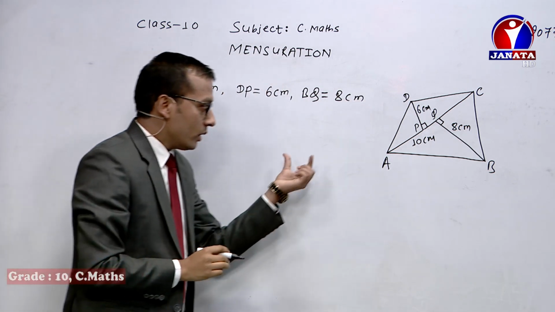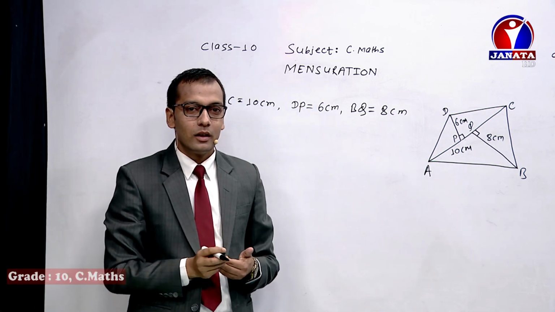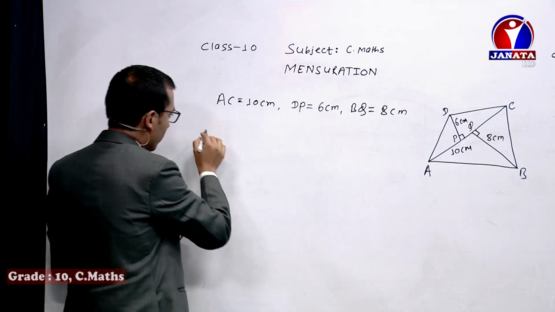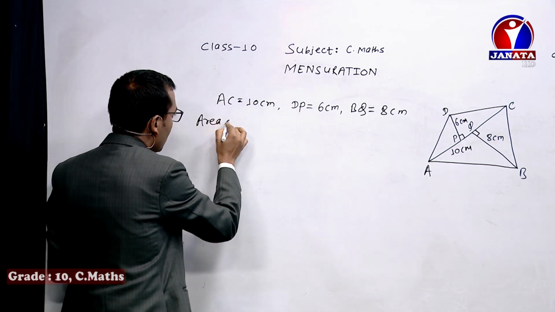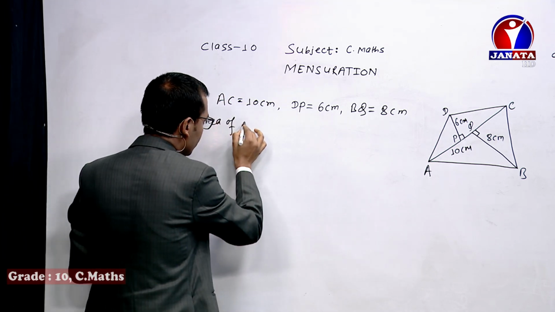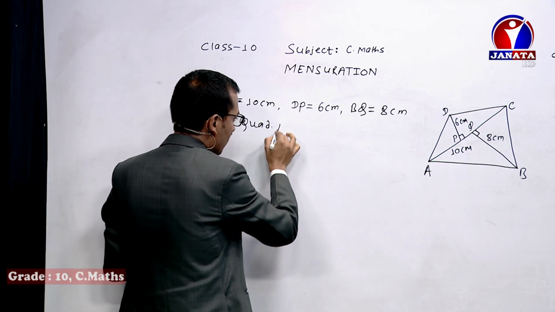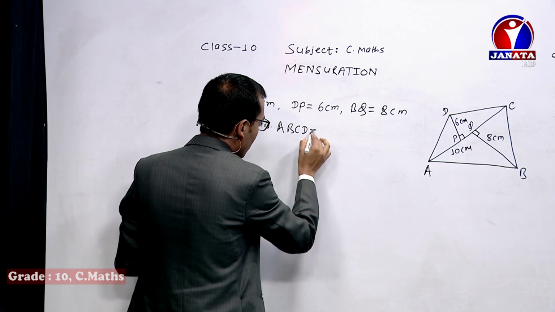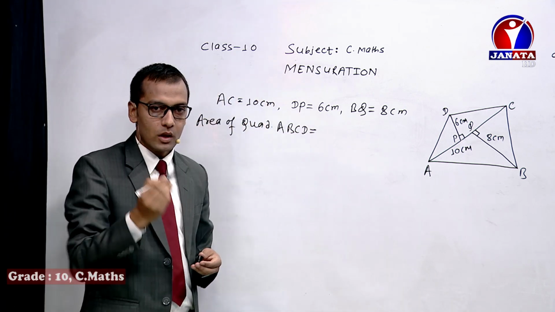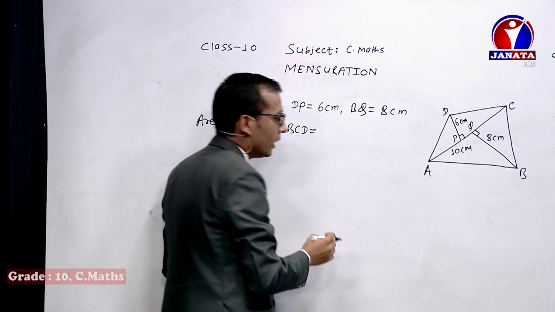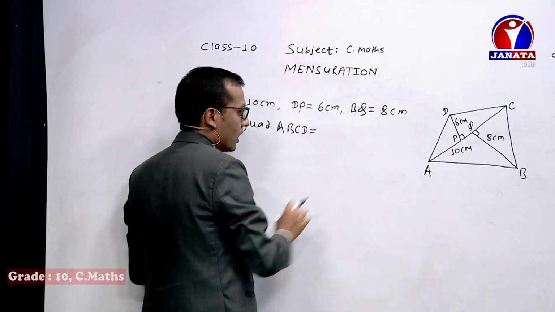Now I am using the concept of area of a triangle to find the area of this quadrilateral. So the area of quadrilateral ABCD is equal to the sum of the areas of two triangles. What are the two triangles here?